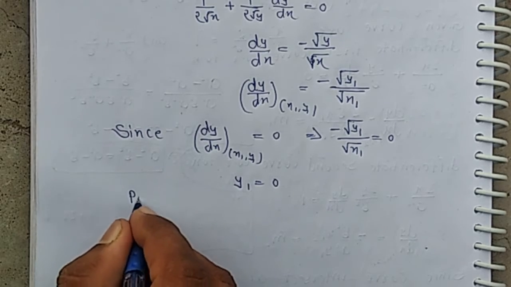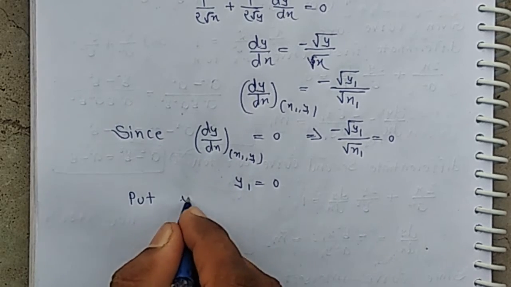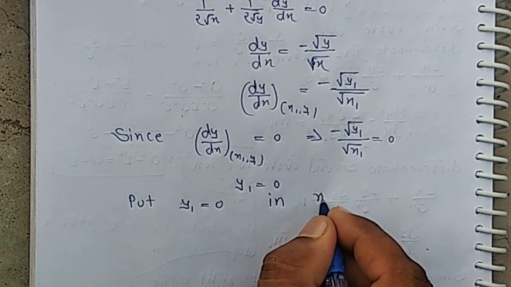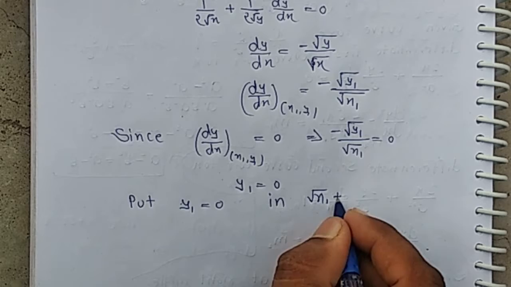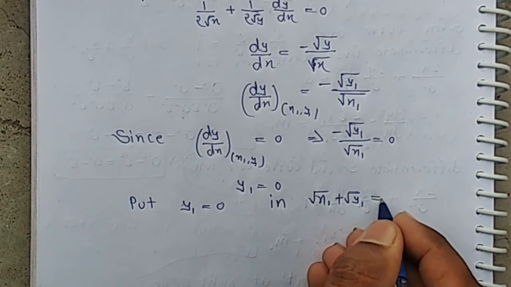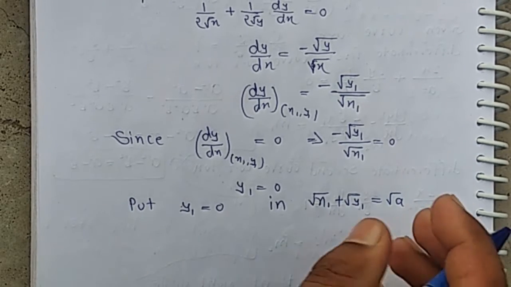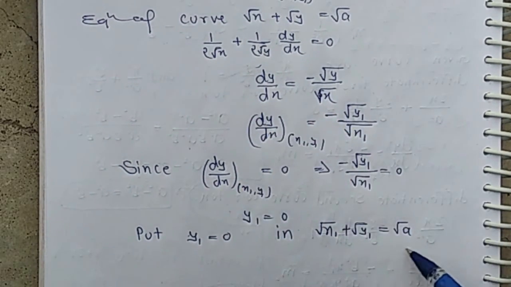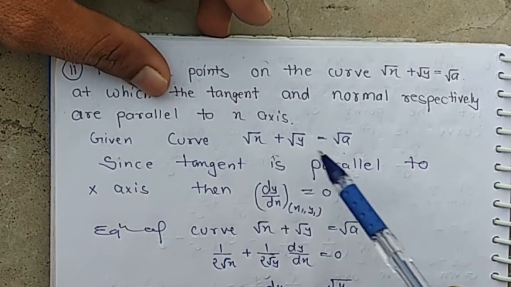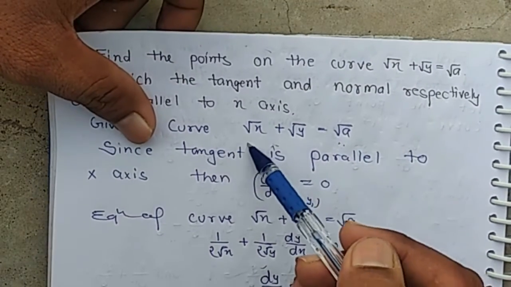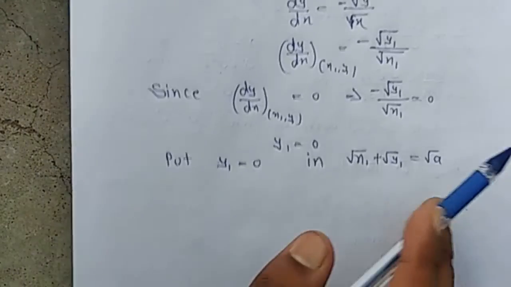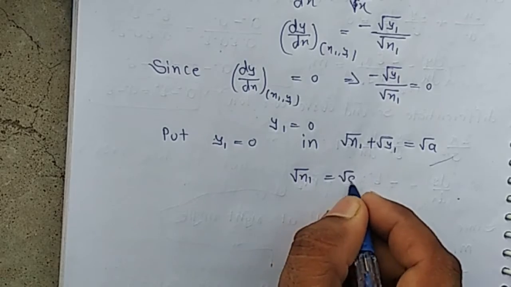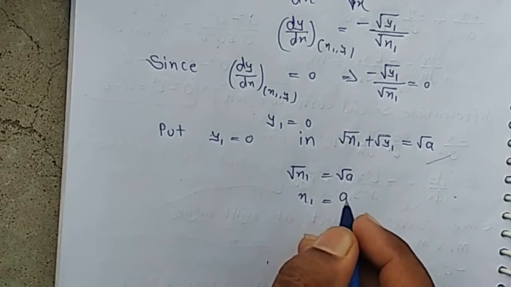Put y1 equals 0 in root x1 plus root y1 equals root a, because point x1 comma y1 lies on the given curve, then point x1 comma y1 satisfies the equation of curve, means root x1 plus root y1 equals root a. Then we have root x1 equal root a and the value of x1 is a.